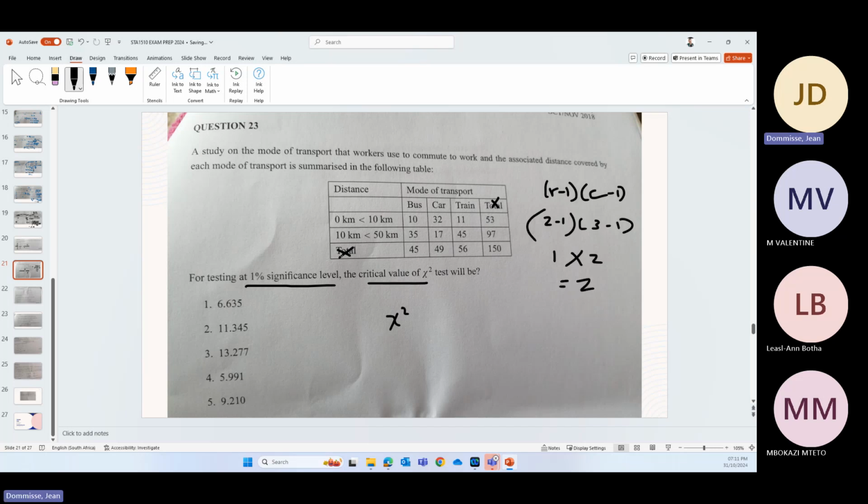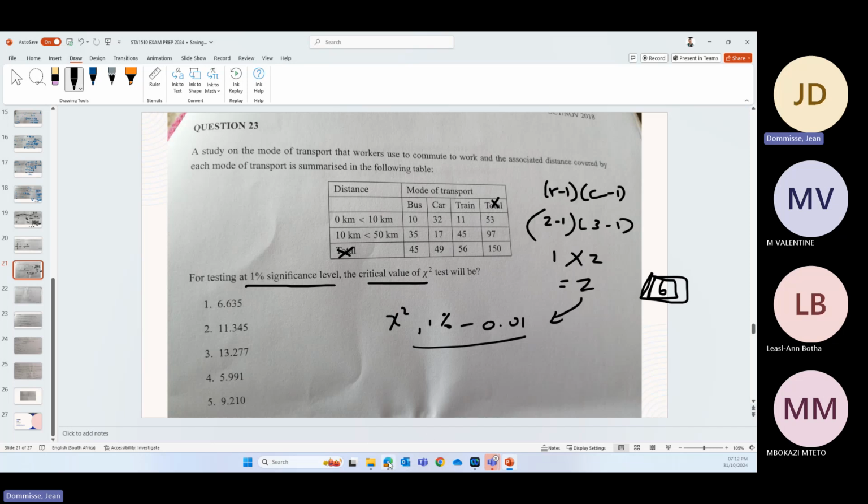If we added the total, it would have been 2 times 3. So let's just see if we get the answer for degrees of freedom of 2 versus degrees of freedom of 6, if there is actually also a number. And then at 1% level, so that is 0.01, and 2.